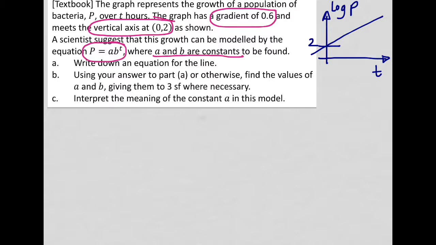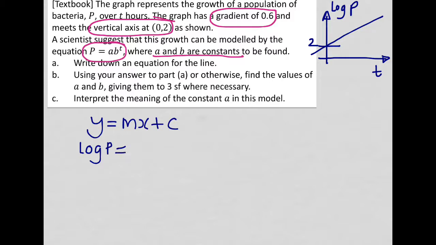Write down an equation for the line. So I can look at this to help me find an equation of the line, and remember that y equals mx plus c. So what is on my y-axis? Well, that's log p.